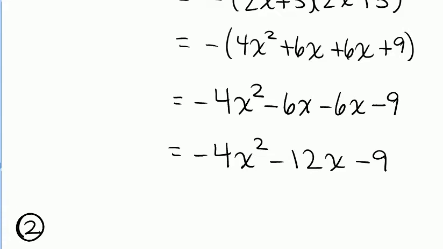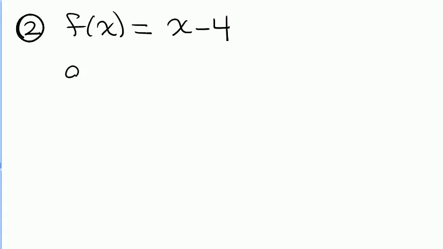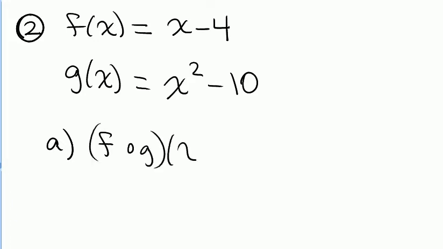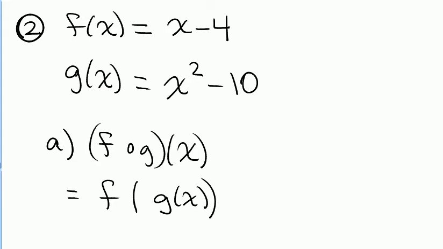Let's try it again. This time, f of x is going to equal x minus 4, and g of x is going to equal x squared minus 10. So we're looking for f of g of x, which is really f of g of x, written in the other manner. g of x is x squared minus 10.